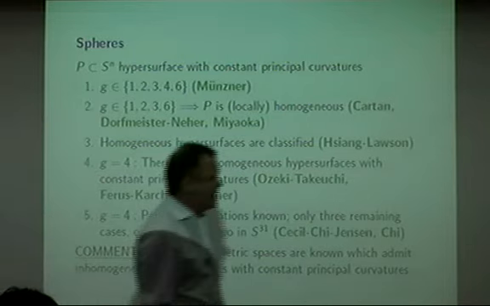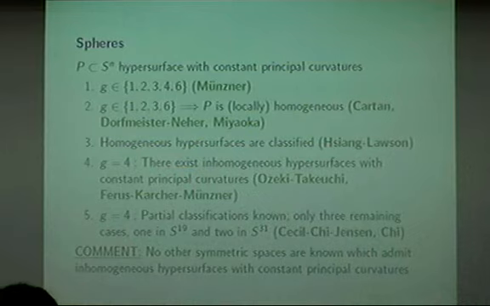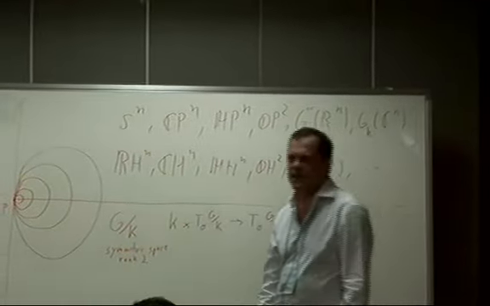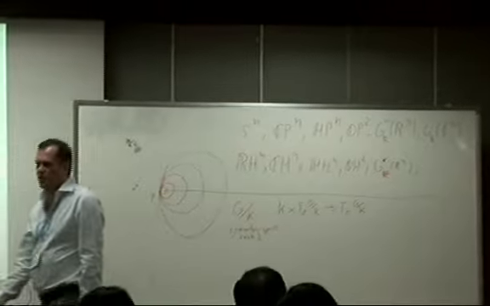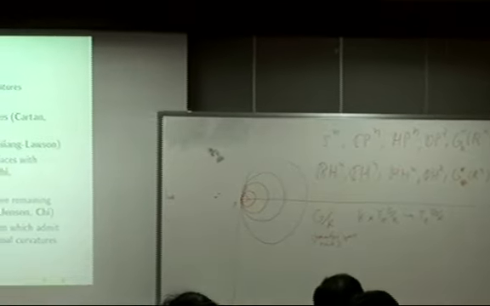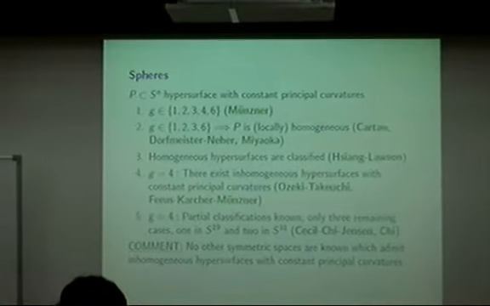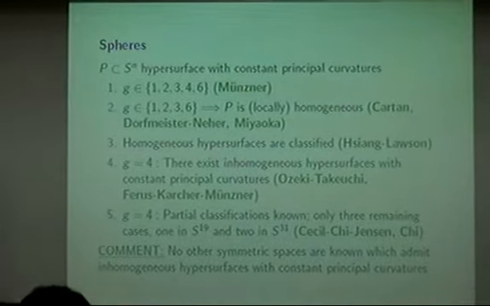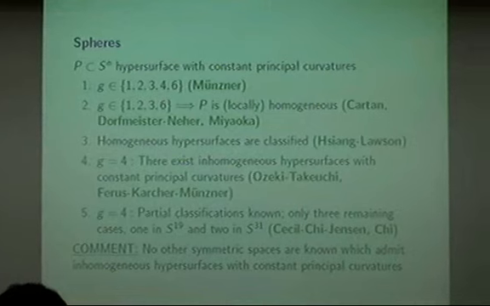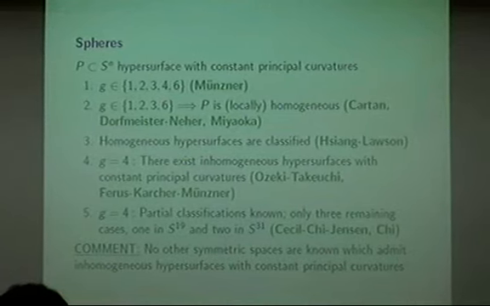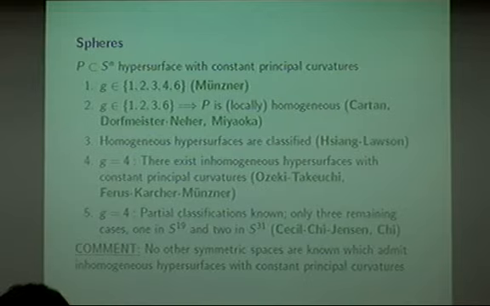But when you go to any other space in this list of symmetric spaces, there is not a single example known of an inhomogeneous hypersurface which has constant principal curvatures. And it's not clear at all whether they exist or not. It would be very good to prove there is one. I mean, just pick any of these spaces and prove there exists none, that would be very good. So that's a very interesting open problem.